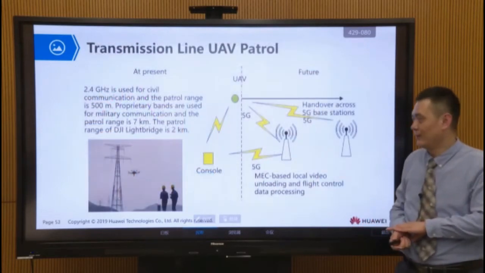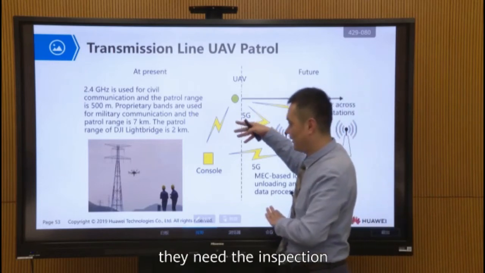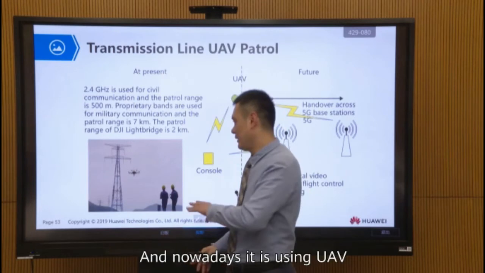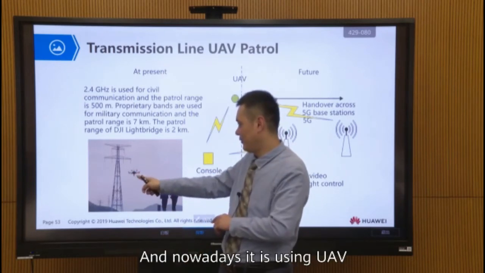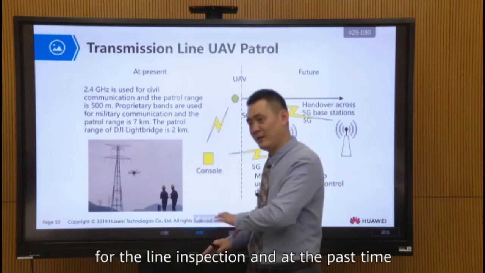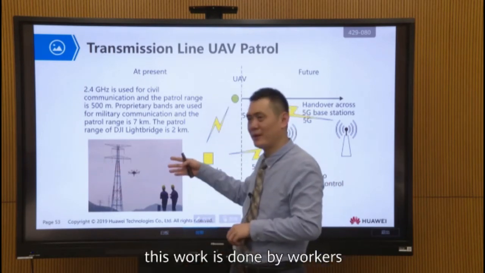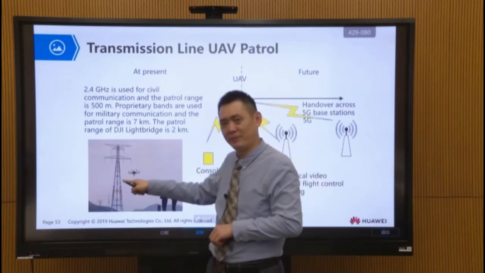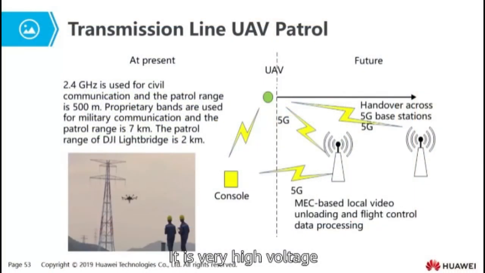And also, for the transmission line, they need inspection and routine maintenance. Nowadays, UAVs are used for line inspection. In the past, this work was done by workers. The worker would step on the line. It's very high voltage.